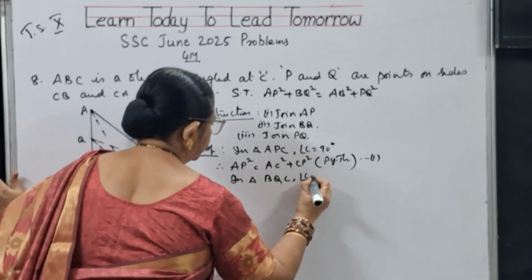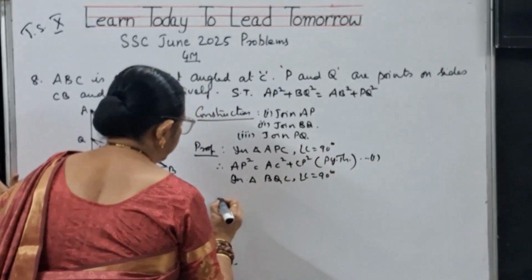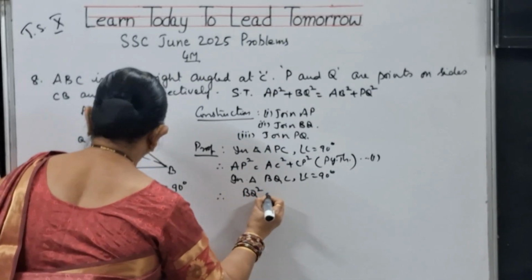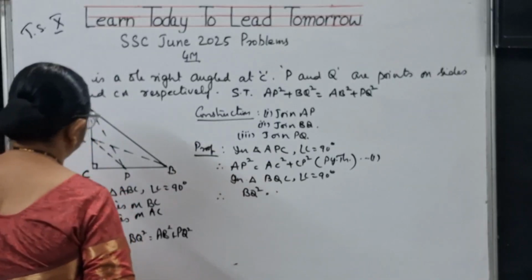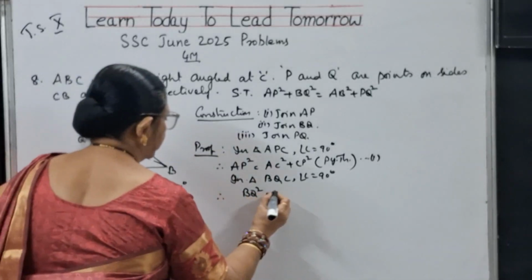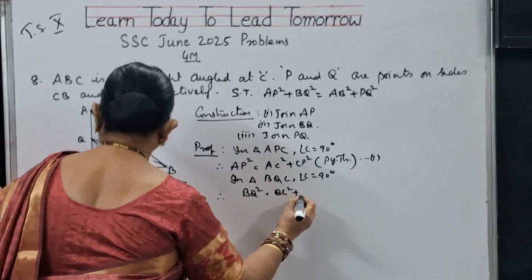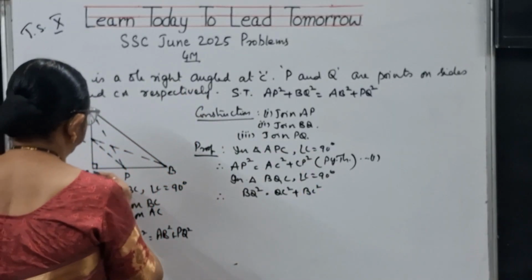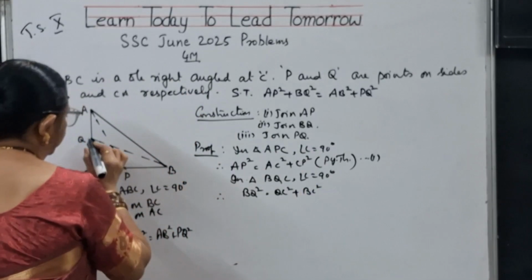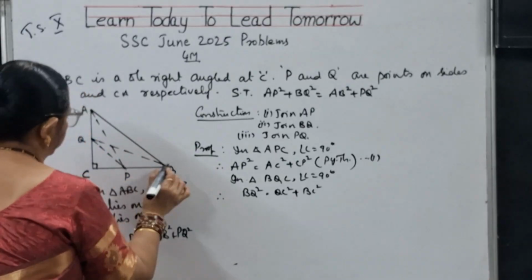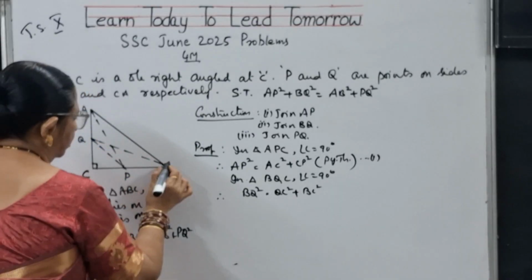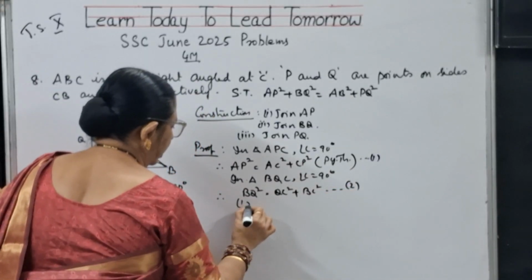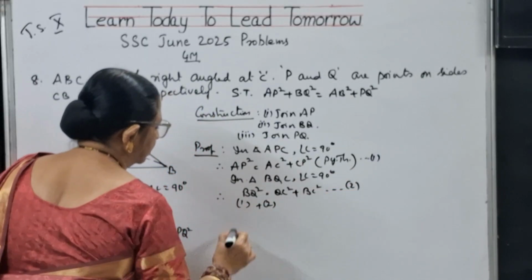Now BQ square means in triangle BQC, angle C is 90 degrees. Therefore, BQ square is equal to QC square plus BC square. This is the second one.